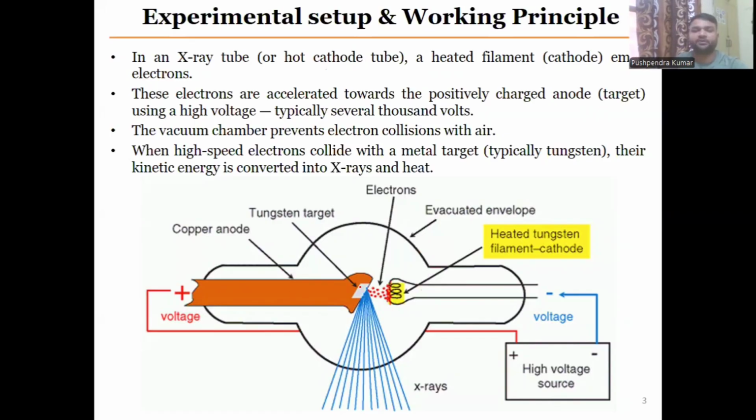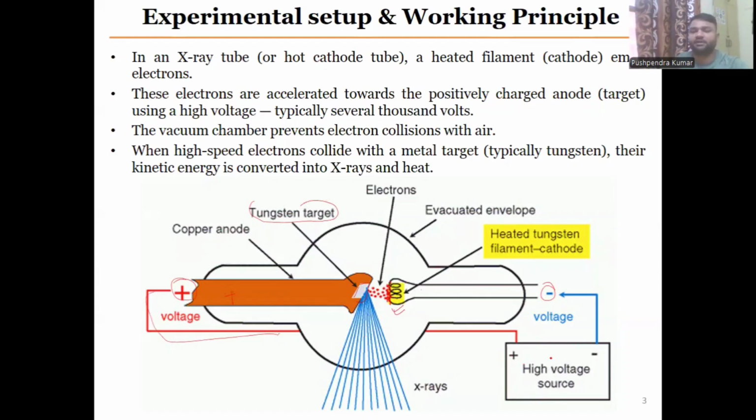At the anode, we place a metal target, such as tungsten here, and we use a hot filament from where we can generate the electrons. The anode is a copper rod, and it is the positive electrode, and the cathode is the heated filament, which is the negative electrode.